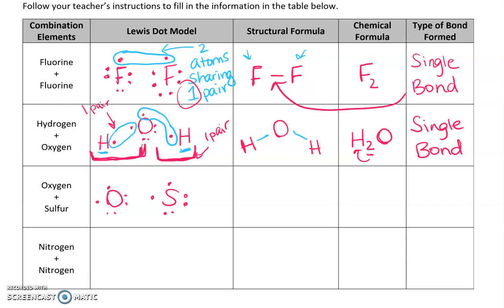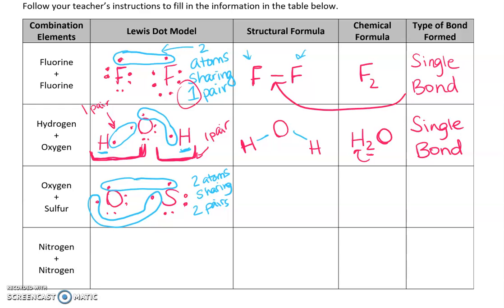And so they're going to share their 2 unpaired electrons between each other. So that's 1, and there's the second one. So here we have 2 atoms sharing 2 pairs of electrons. So that is considered a double bond.